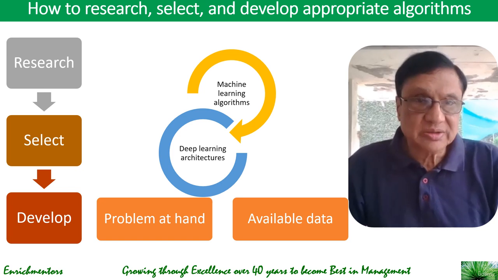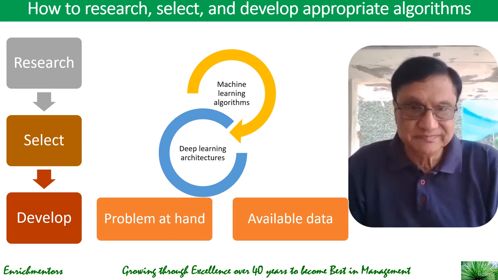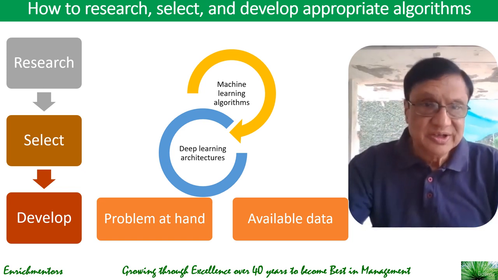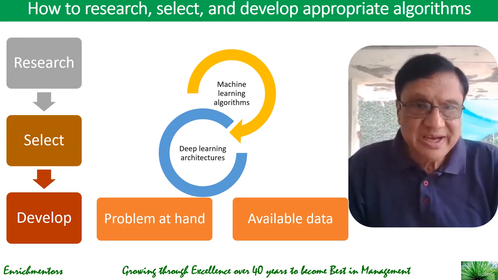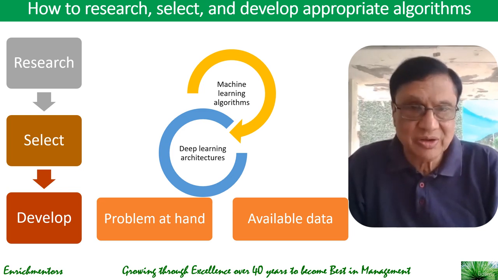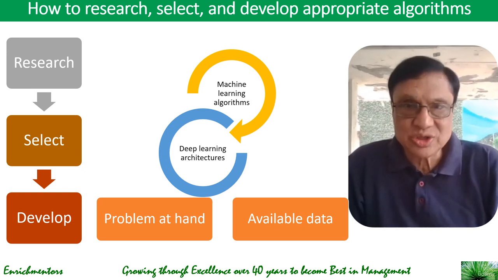So, how do you do that? Researching, selecting, and developing the right machine learning and deep learning algorithms and architectures is based on the problem that you have at hand and the data that you have available.